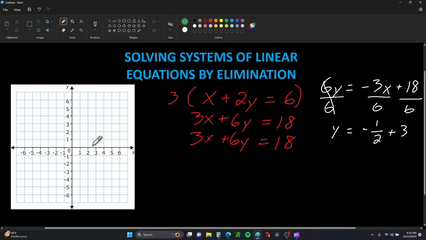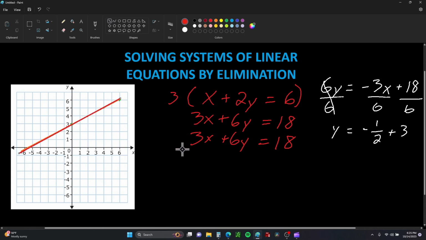Both of these lines have a y-intercept of plus 3, and I go up 1 over 2, up 1 over 2. That would be line 1, and line 2, I'll draw it next to it, but the idea here is the two lines would be right on top of each other, so they would have infinitely many solutions in common.